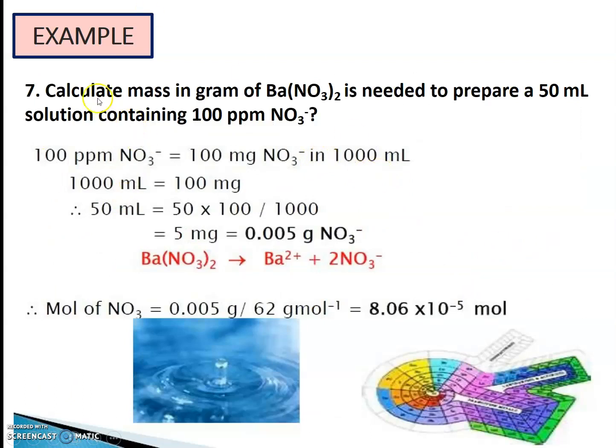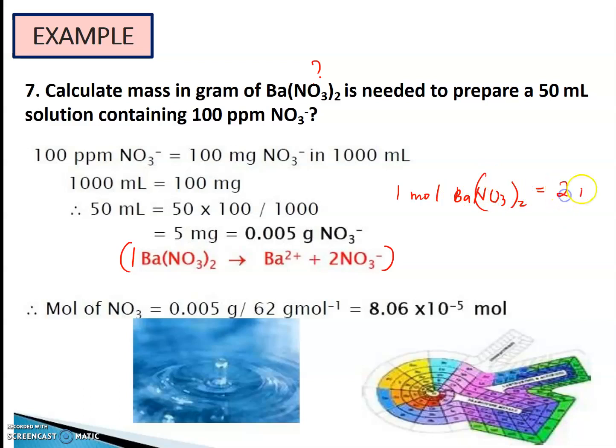Next calculation, this question you just calculate. Same as previous: calculate the mass in gram of barium nitrate needed to prepare 50 ml solution of 100 ppm nitrate. This is given ion concentration, so you have to find gram of molecule. For a question like this, directly write the related equation: 1 mole barium nitrate, how many moles of nitrate?